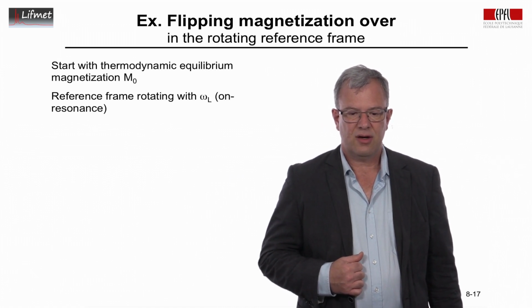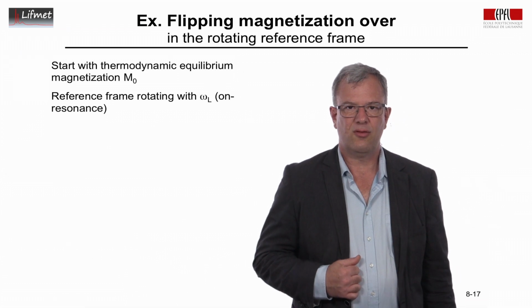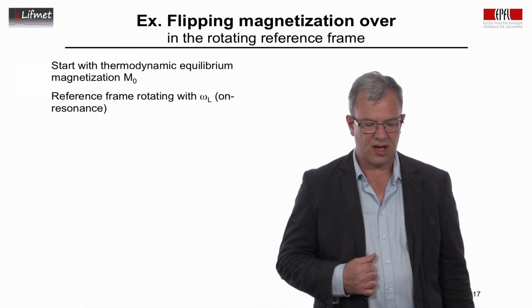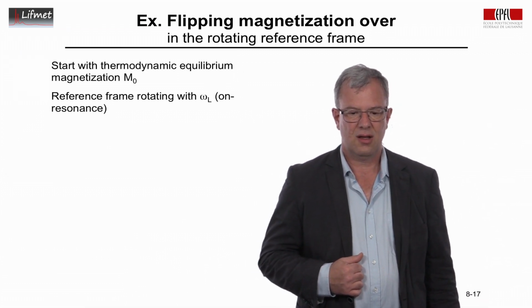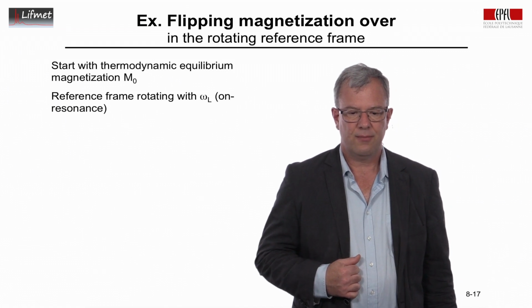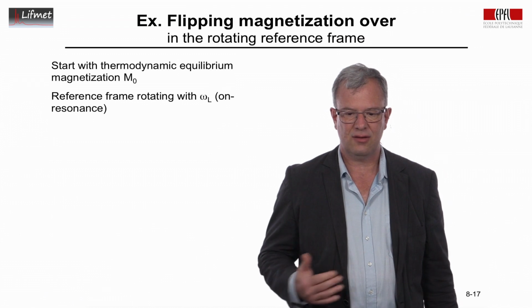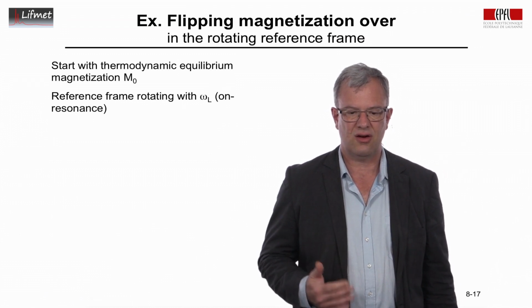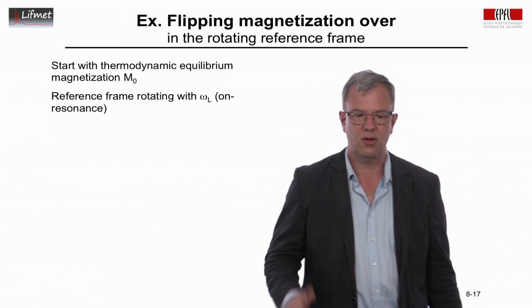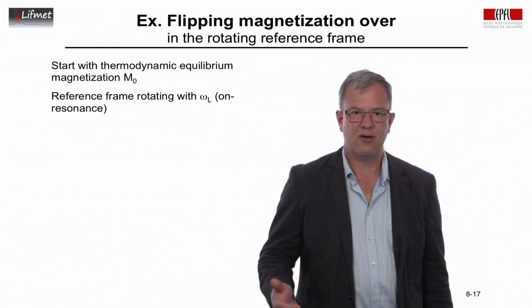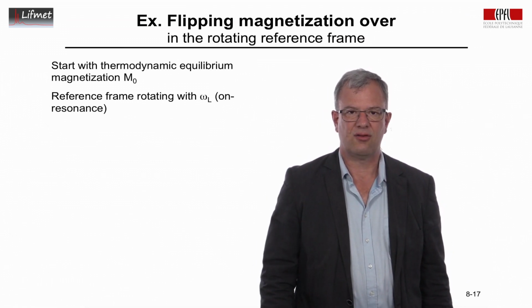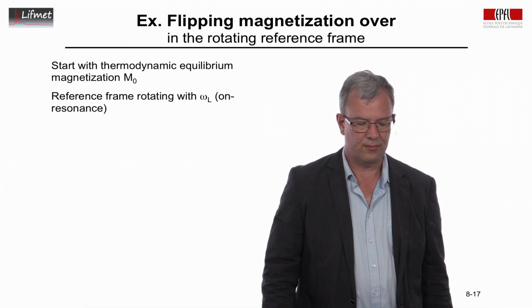If we take the reference frame that rotates with a Larmor frequency, that's the on-resonance case as we have described it. Then in that reference frame, we have no net magnetic field, so the magnetization is stationary. We have no B0, the omega RF over gamma just cancels the B0 term.